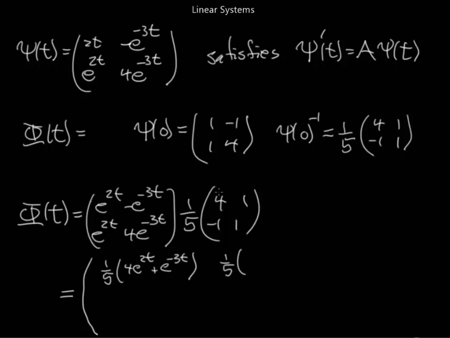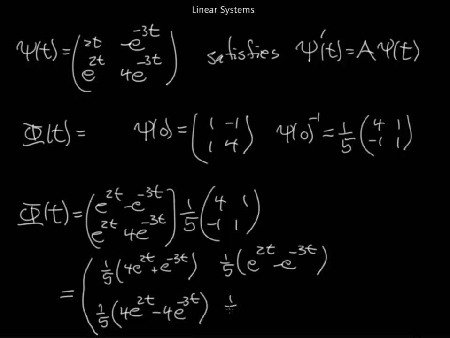And you also get a 1/5 e to the 2t minus e to the minus 3t, and 1/5 4 e to the 2t minus 4 e to the minus 3t, and then the last term is 1/5 e to the 2t plus 4 e to the minus 3t.